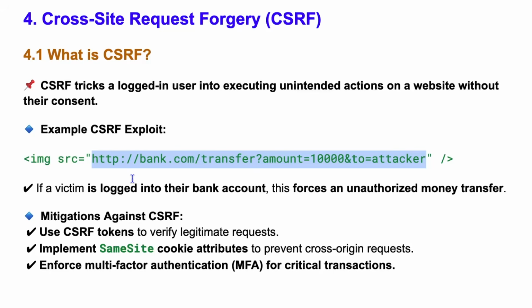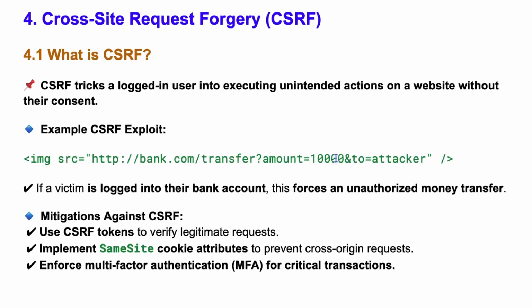And so when that happens, you can then go ahead and just load this into the image source portion of that bank online banking, and it'll do it for every single user that logs in, right? And the bank logo has to be loaded, so every single user will, assuming that they have $10,000, it'll attempt to transfer that $10,000 to you.